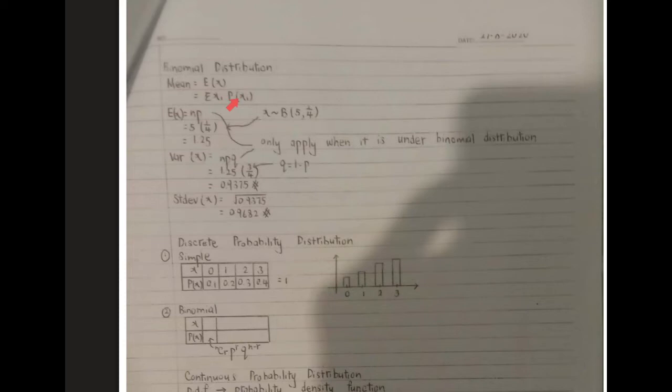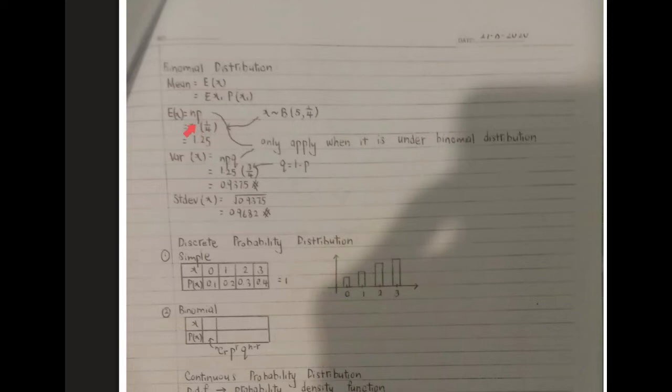Okay, so over here for binomial distribution, we can simplify this process by just taking n multiply with p. N multiply with p. So why? Because they have the same probability. So that's why the process is getting easier.